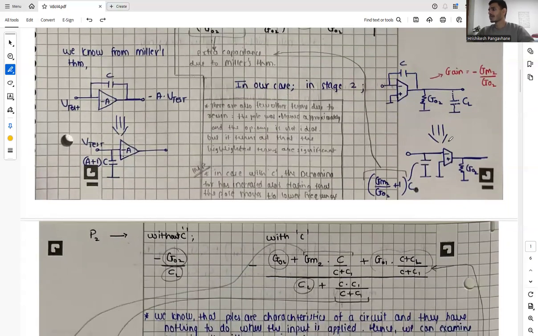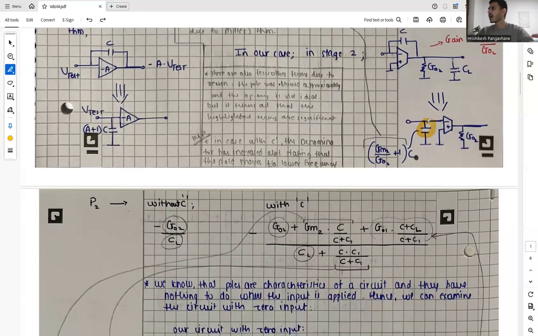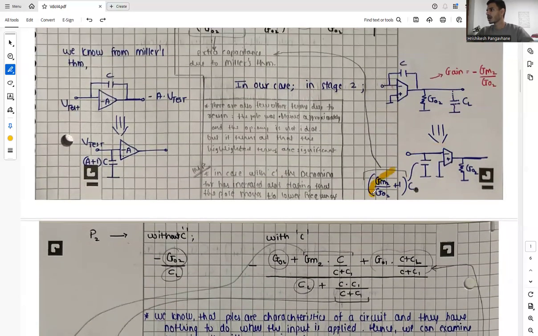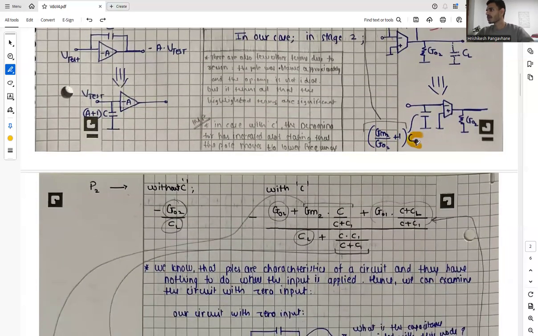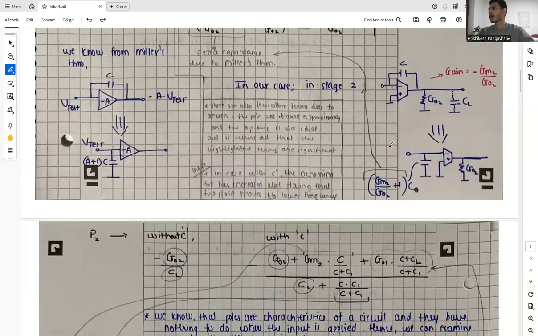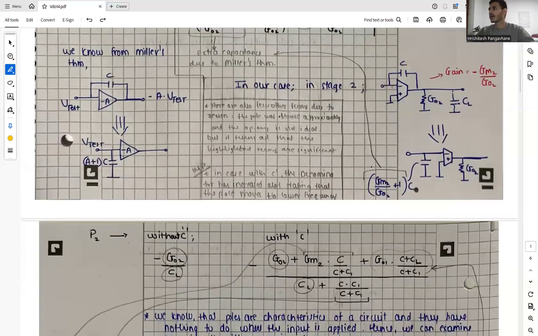Miller's theorem simply states that we can redraw this circuit in this manner, where we can consider a capacitor at the input end instead of across it, and the value of that capacitor is gain plus 1 multiplied by C. So this is our gain, Gm2 by Go2, plus 1 times the capacitor C. So this is the value of capacitor we can consider at the input. And this is Miller's theorem.